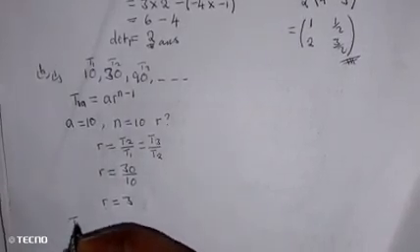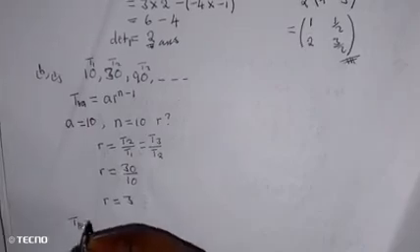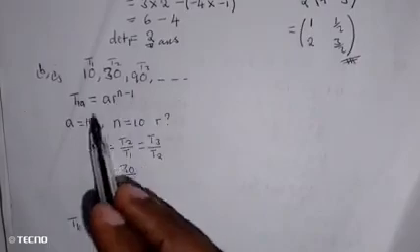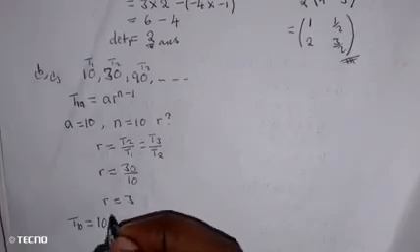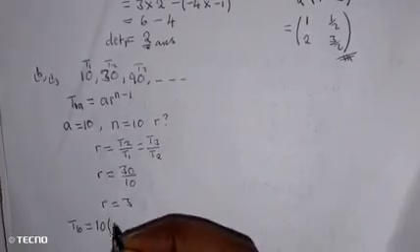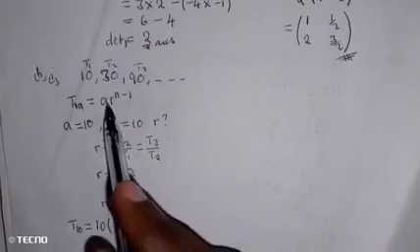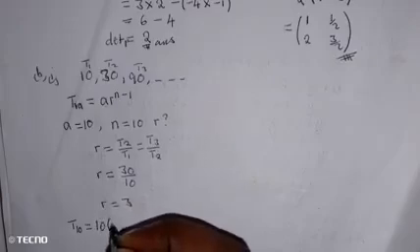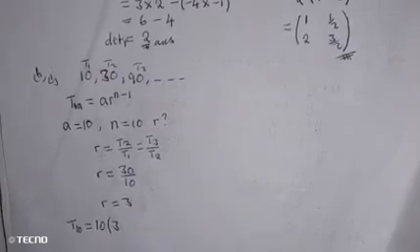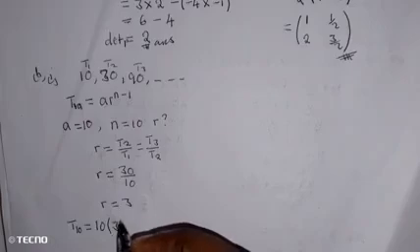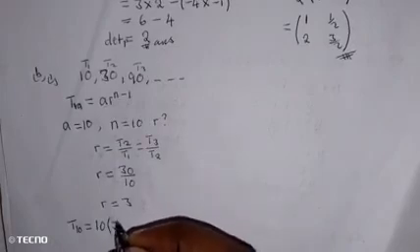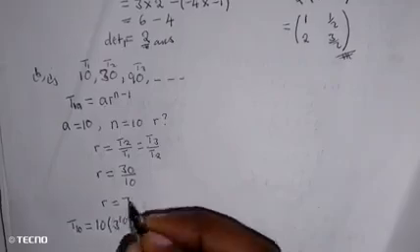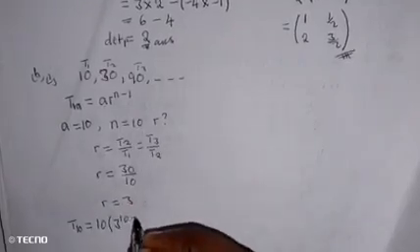So T10 is equal to, where there is a we replace by 10, then open bracket, where there is r it's also 3, r to the power n, n is 10, minus 1.